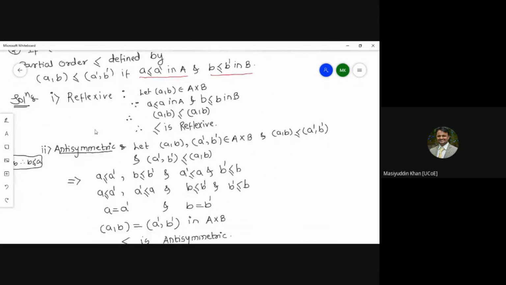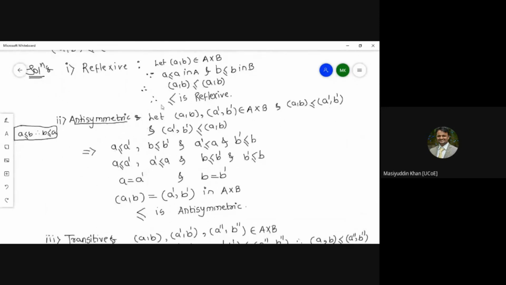Similarly, the second part is we have to prove that it is antisymmetric. For antisymmetric, please remember that if a is related to b and b is related to a, this means a equals b. But here, a and b are clearly given.